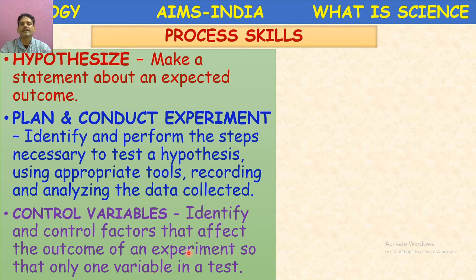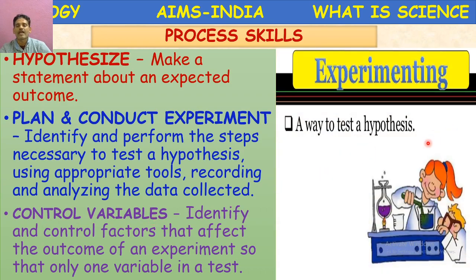If at a time you try 5 or 6 things, your experiment may fail. Only one variable is going to be tested, so you have to supervise and identify it. Identification of that variable which is going to be tested in the experiment is very, very important. That is called control variable.